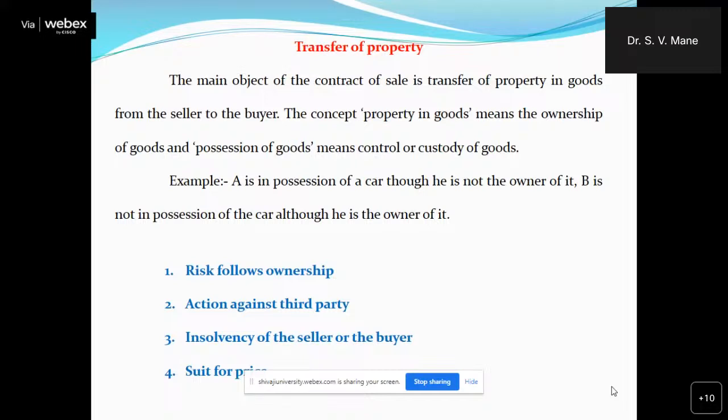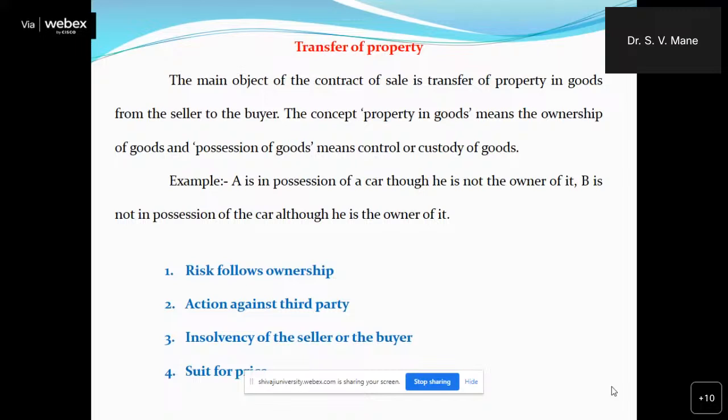Some of the reasons why it is necessary to know the moment of time at which the property in goods transfers from the seller to the buyer are given. The first one is that risk follows ownership. Section 26 of the Sale of Goods Act provides that unless otherwise agreed, the goods remain at the seller's risk until the property in them is transferred to the buyer.